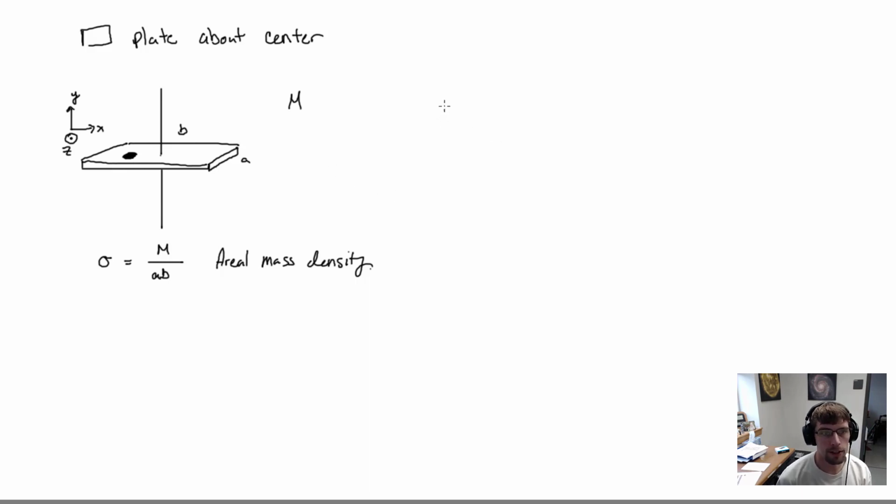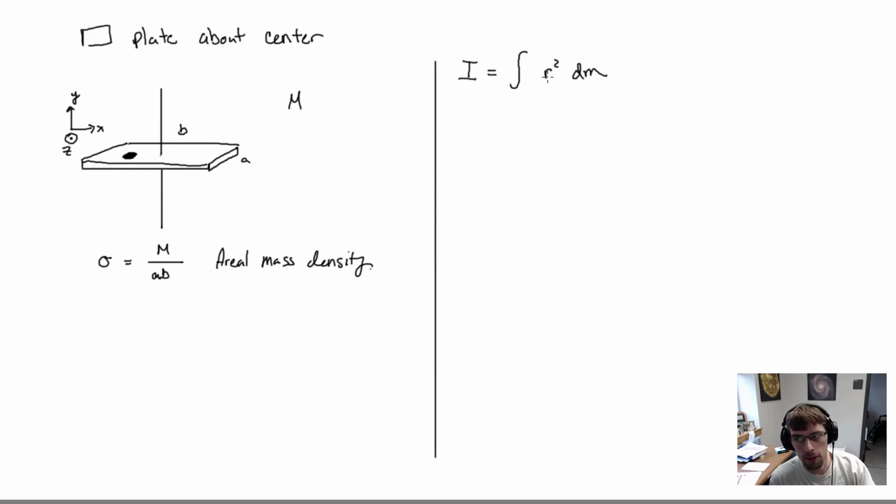Well, you know the song and dance now. I want to find the moment of inertia, and that's going to be equal to the integral of r squared dm. And I just need to come up with some expression for dm and r squared. Go ahead, take a minute.